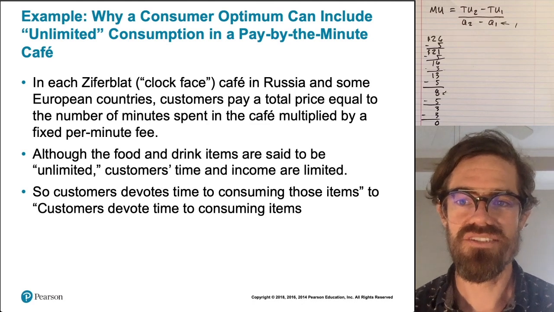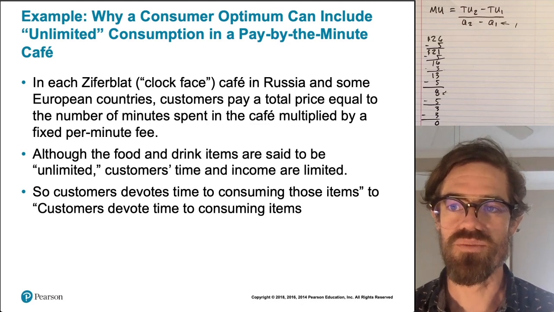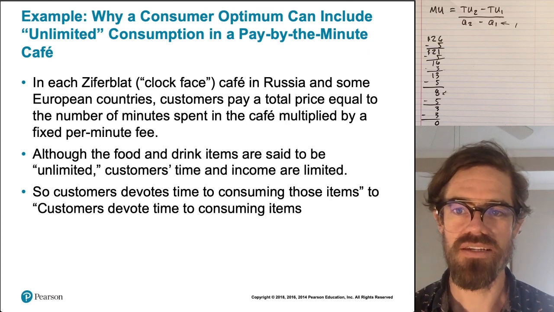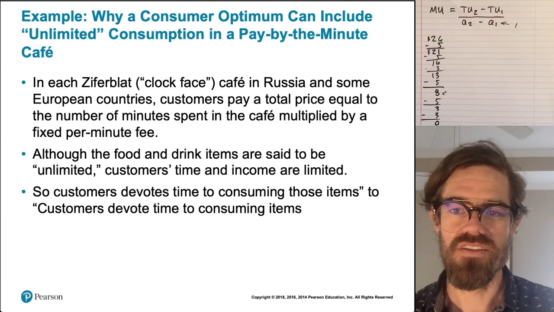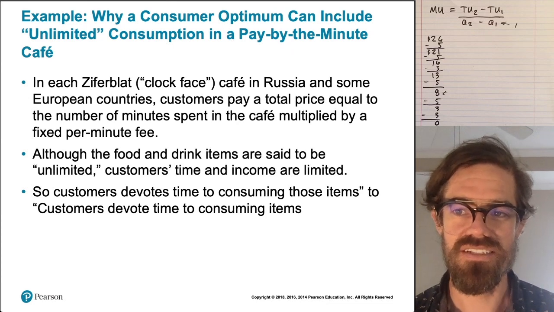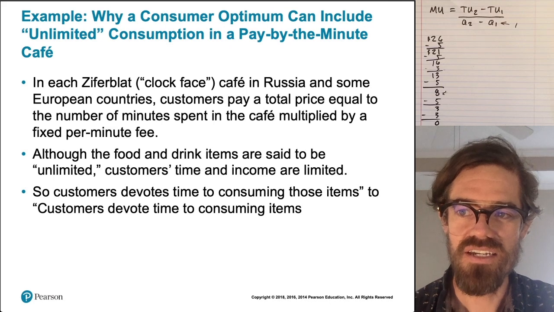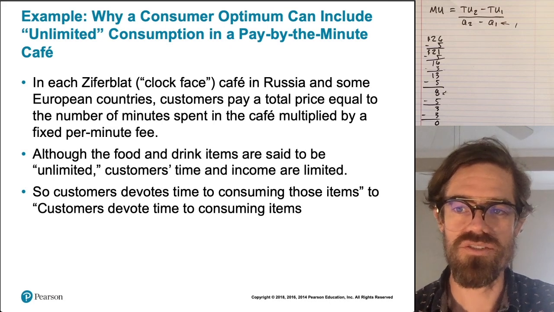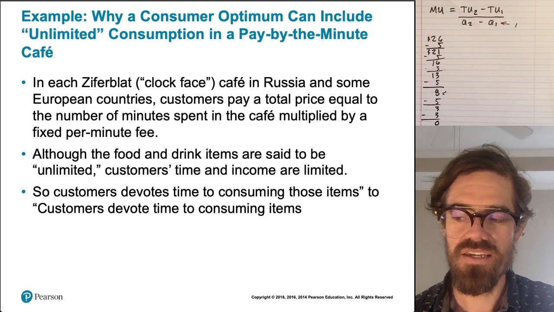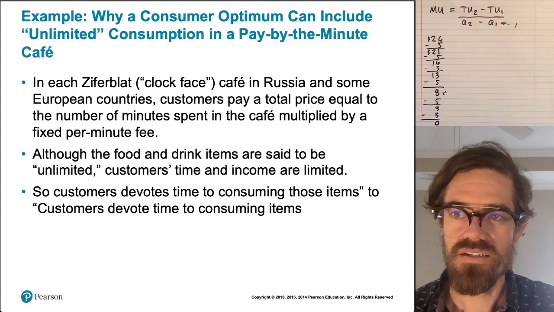All right, so here's an interesting real-life example of consumer optimum. Why a consumer optimum can include unlimited consumption in a pay-by-the-minute cafe. So there are these things called Zifferblatt cafes, which means clock face cafes, in Russia and some other European countries, where customers pay a total price equal to the number of minutes spent in the cafe multiplied by a fixed per-minute fee.